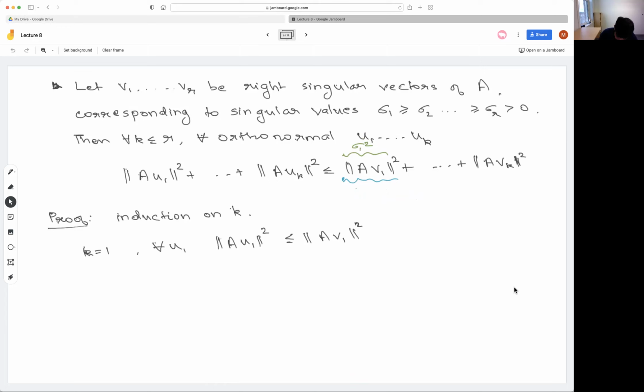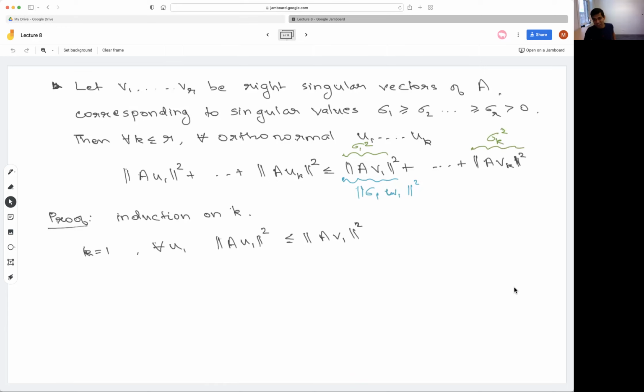You look at V1, replace it by sigma 1 times W1. Look at the norm of this. W1 is a unit length vector, so all you are left with is sigma 1 square. Same is true for all these quantities. So this is sigma k square.